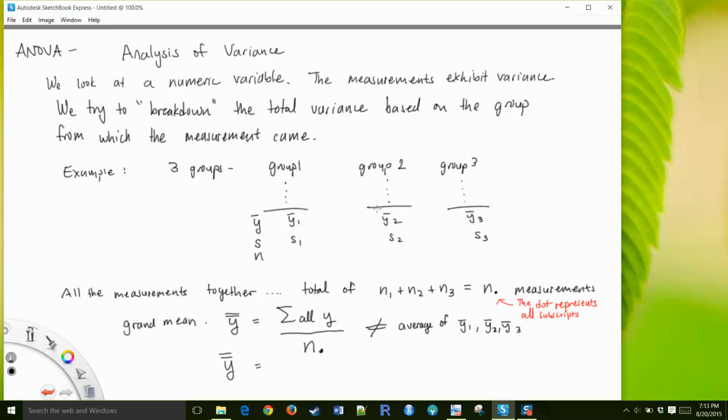The generic form would be the sum of n sub i times y bar sub i over n dot. So when we throw all the measurements together, we've got the grand mean and n dot for the total number of all the data points.